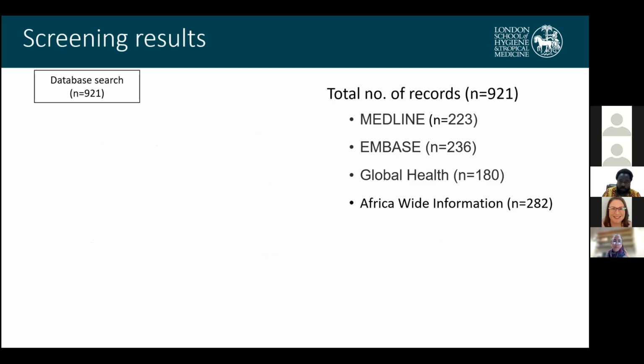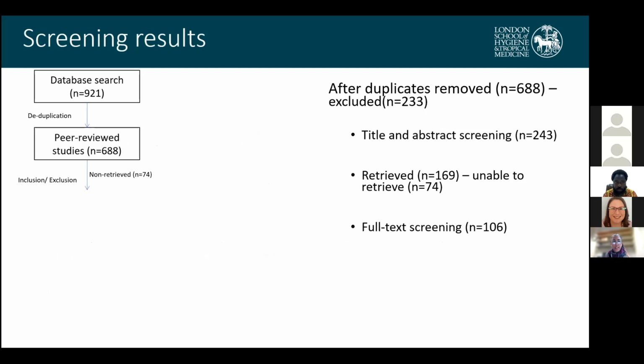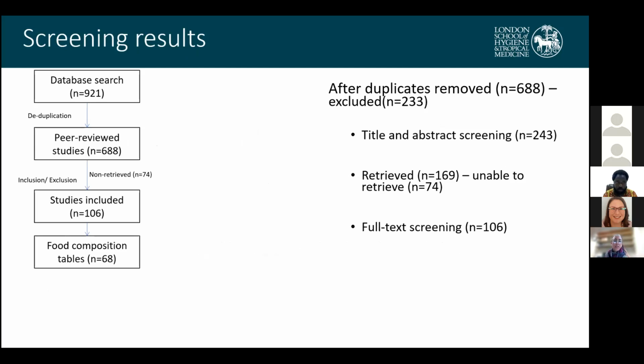So going straight to the results. We had 921 studies, and then after deduplication, we had 688. After inclusion, exclusion, and retrieved and non-retrieved, we had 106 studies that reported the use of a food composition table for Sub-Saharan Africa.